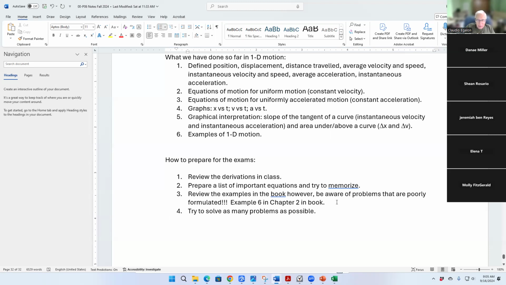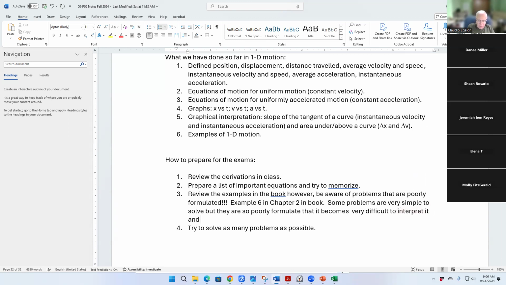Okay, and I'm going to write it down here. Some problems are very simple to solve, but they are so poorly formulated that it becomes very difficult to interpret and find out what is being asked.